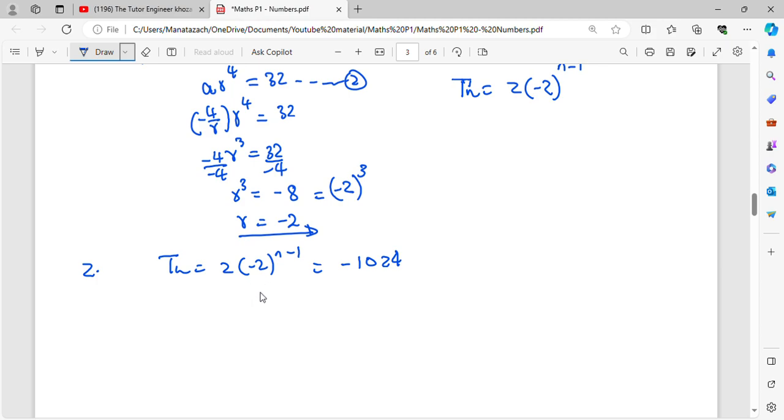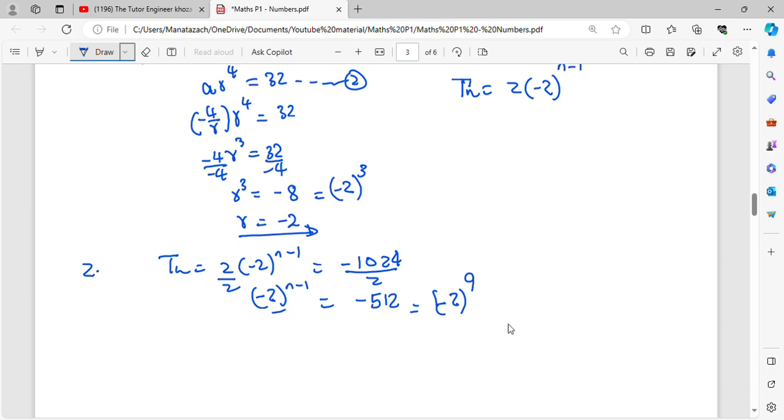So here we can just simplify it by dividing both sides by 2. We'll have -2 to the power n minus 1 is equal to minus 1024 divided by 2, which is 512. So -512 can be further simplified as -2 to the power 9.